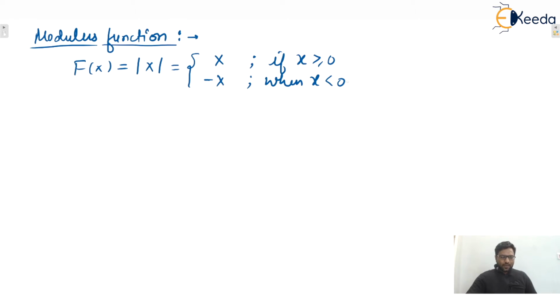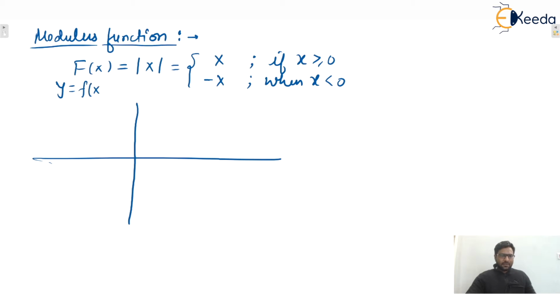Let us take the graphical representation of this one. This is also called y equals f of x, so this can be assumed as y. Now you tell me, y equals x when x is greater than or equal to 0.